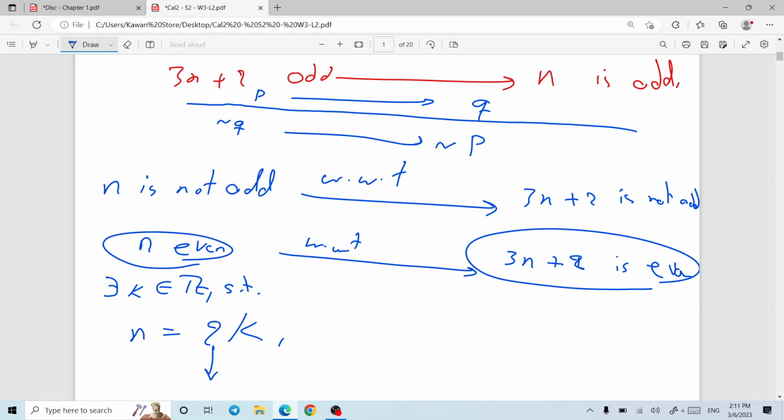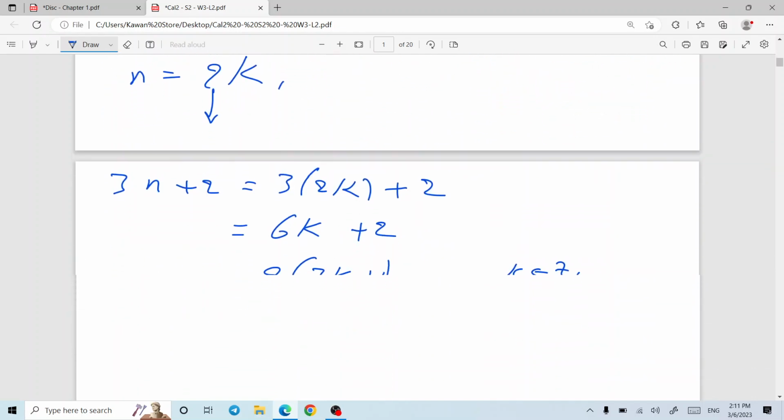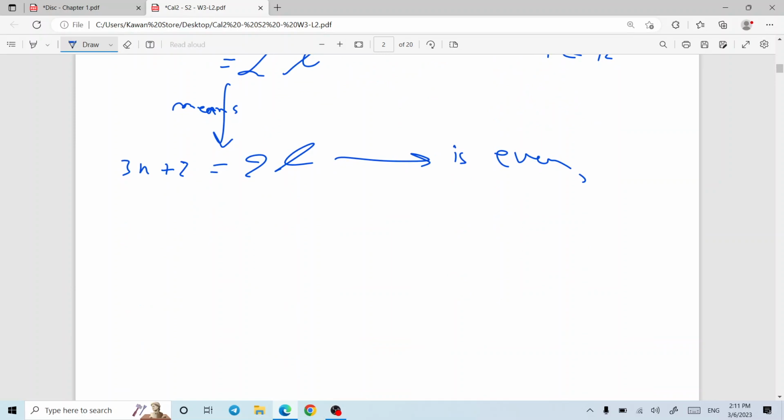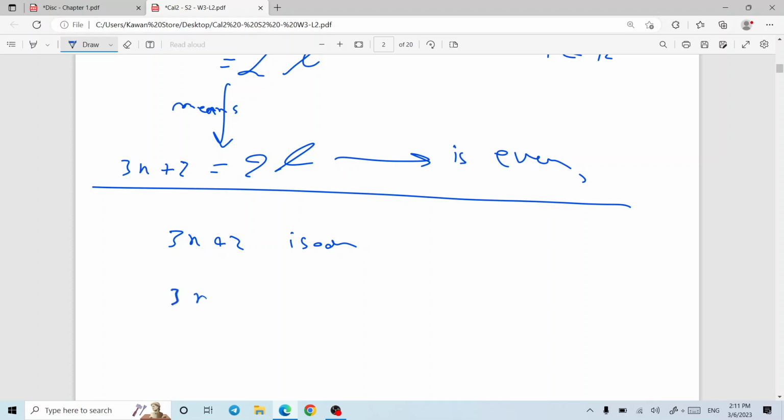Sometimes you cannot get the result with the direct method. Try at home. For example, you have 3n plus 2 is odd, so 3n plus 2 equals 2k plus 1.